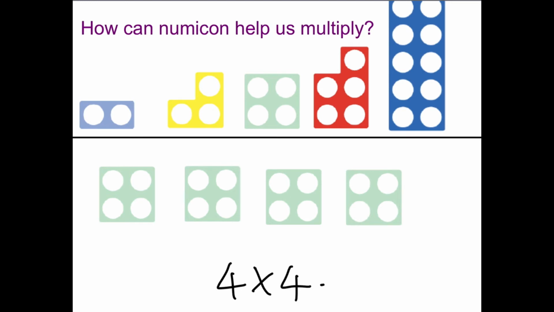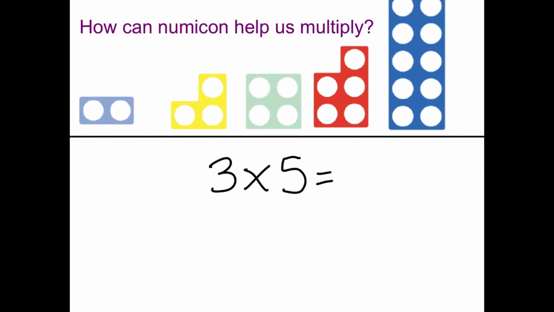And if you count up all the holes, we've got 4 there, 5, 6, 7, 8 there, 9, 10, 11, 12 there, 13, 14, 15, 16 there. It would tell us that 4 times 4 equals 16.